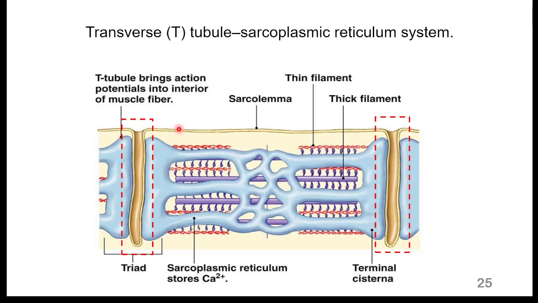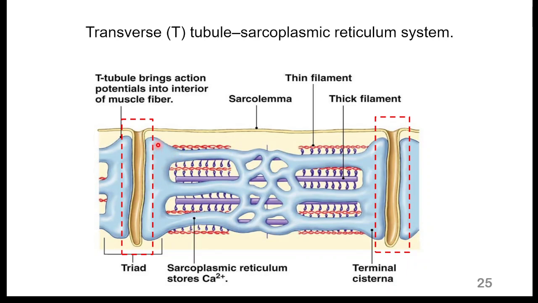So if you have action potential on the sarcolemma, it can penetrate deep into the interior of the muscle cell by moving along the transverse tubular system. Okay, and of course the transverse tubular system runs along the terminal cisternae.